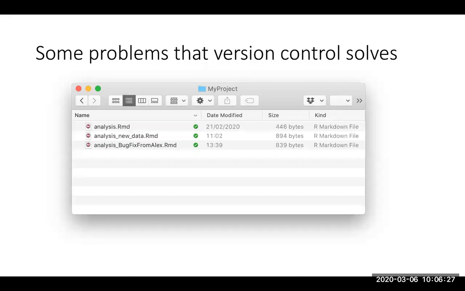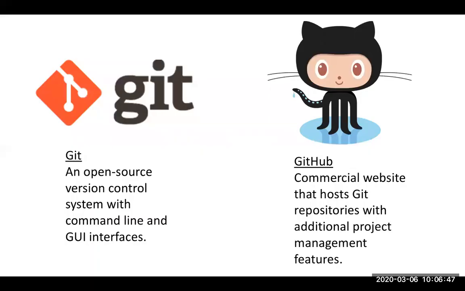Which version of the analysis does this bug fix apply to? That's basically what version control solves. It lets you maintain a history of all the changes that you've made to your repository of code, and it lets you exchange these changes with collaborators.